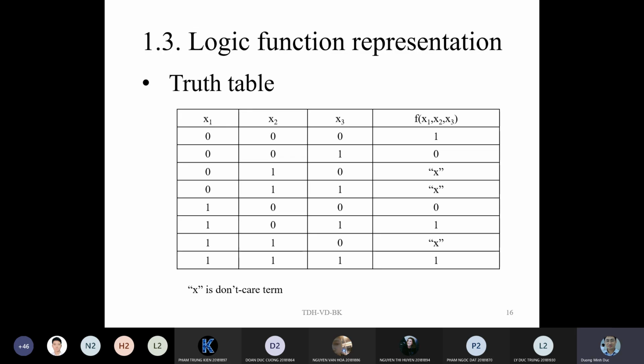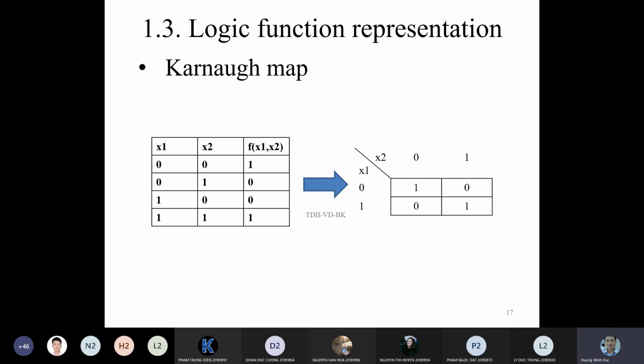Okay. So we have to find another way to represent the logical function. The second way is the Karnaugh map. The Karnaugh map is quite complicated to explain.